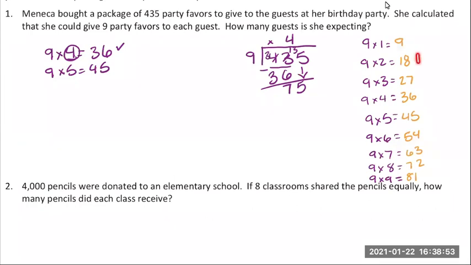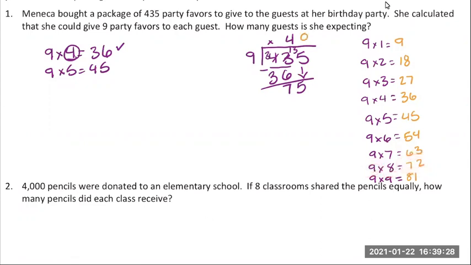How high can we go without going over the number we're dividing? So we're dividing 75. So how high can we get without going over the number 75? Well, we can go all the way up to 72 without going over because 81 is going to go over. So we're going to look at 72 and we know 72 divided by 9 is 8. So 75 divided by 9 is going to be 8 with some left over.